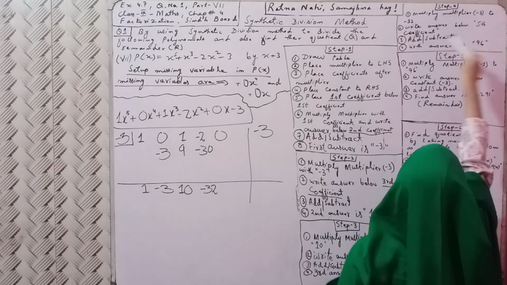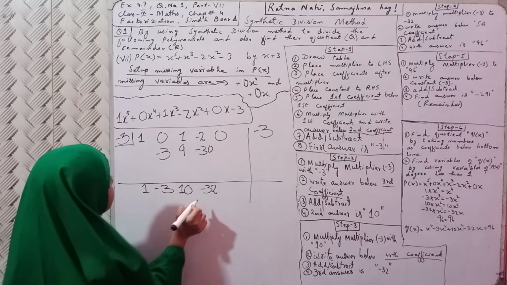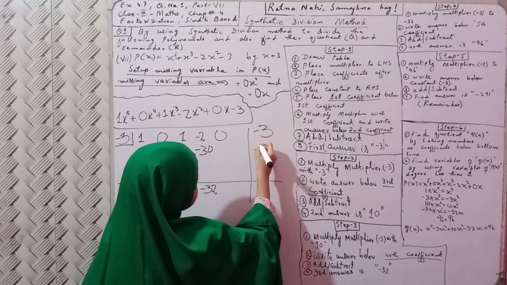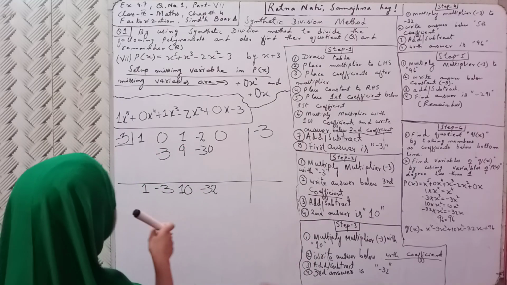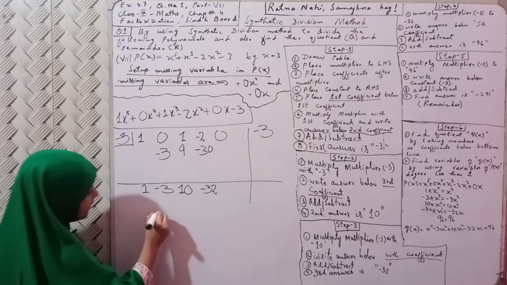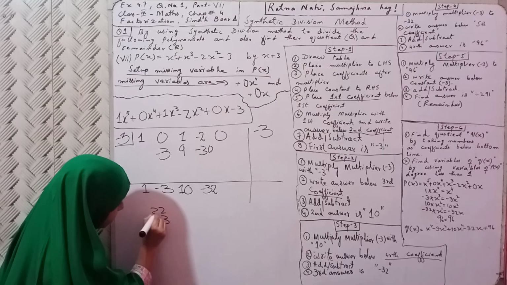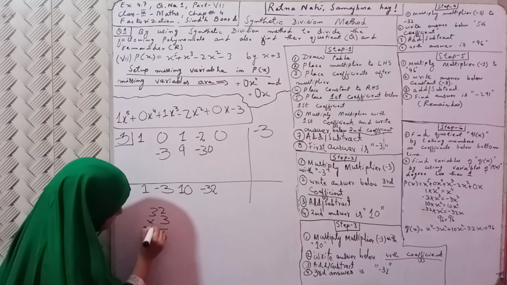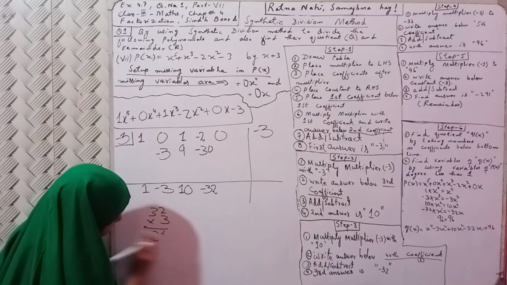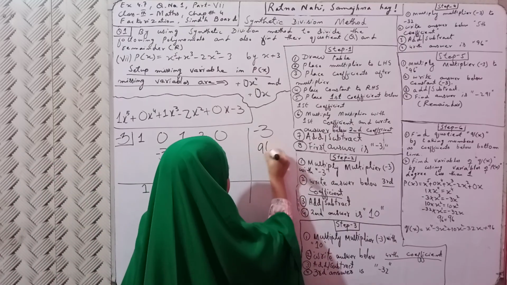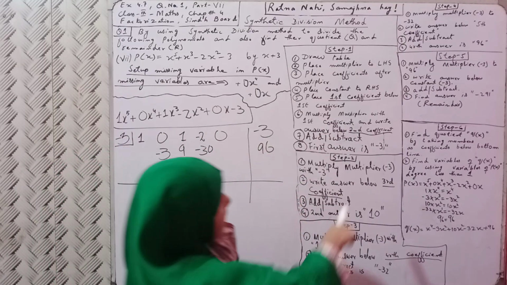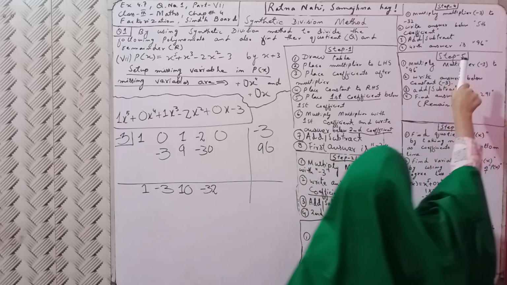Multiply minus 3 with minus 32. Minus times minus is plus, so the plus sign will come, and the answer will become 96. Then write the answer below the fifth coefficient. Done this.